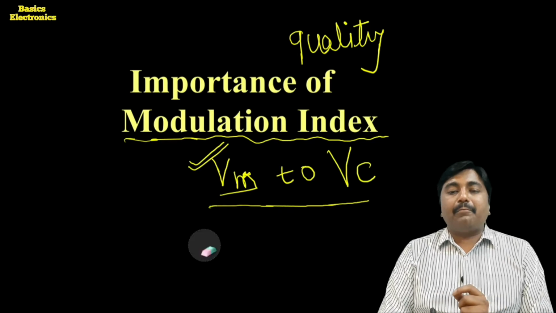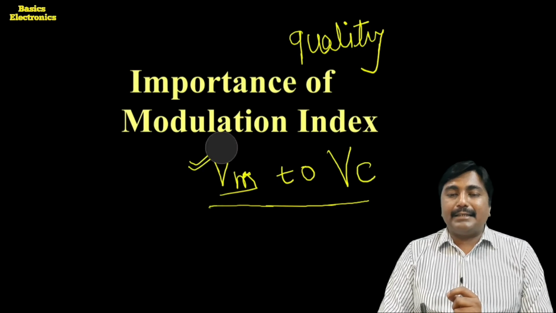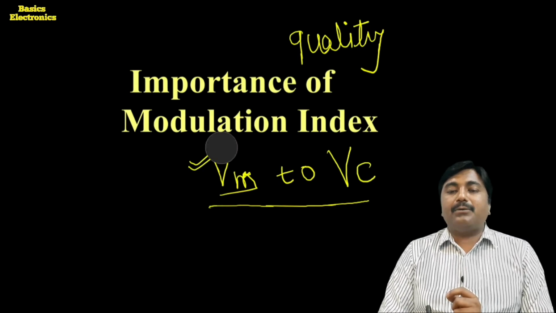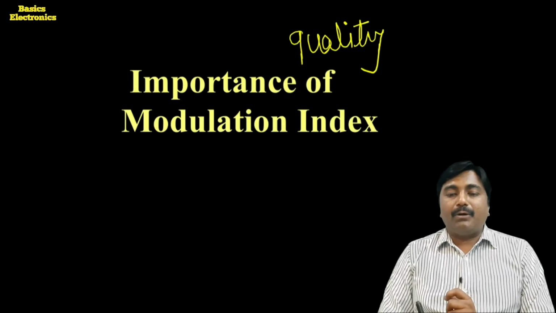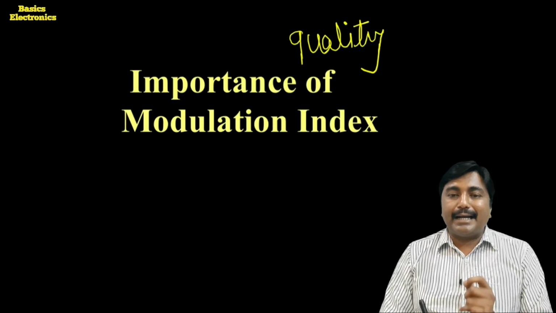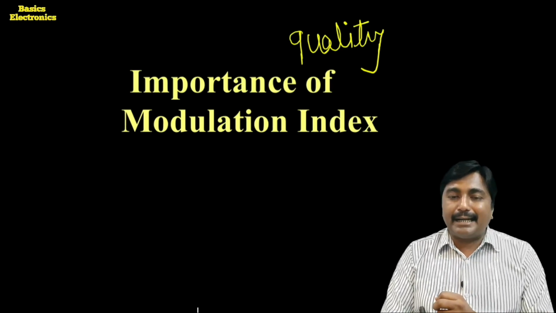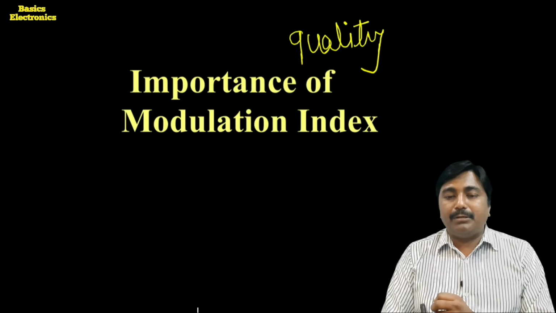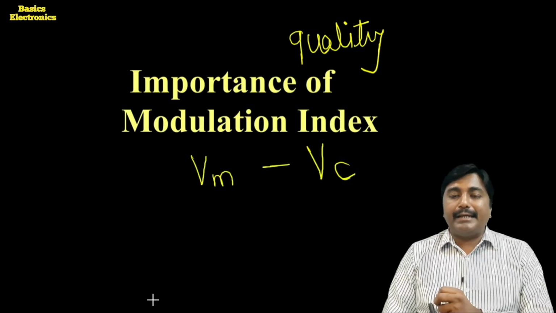So the modulating signal voltage and the carrier signal voltage give the quality of the output signal. That means the quality of the modulated signal is decided by the peak value of the modulating signal and the peak value of the carrier signal.